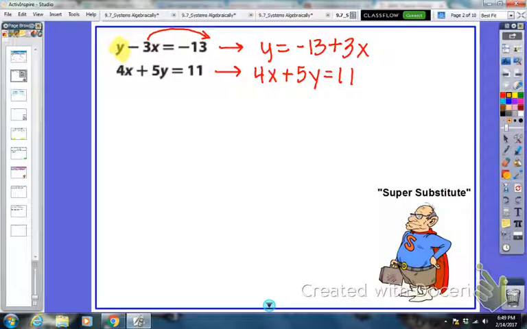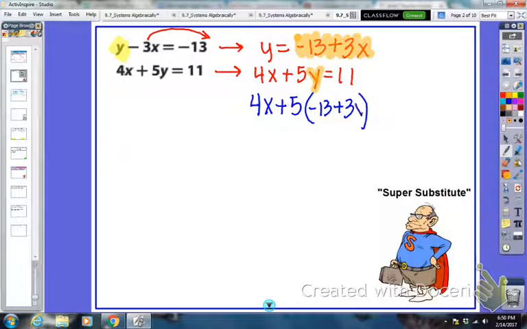So -13 plus 3x is the super substitute. And we're going to put that in the second equation where the y is. So I have 4x plus 5. Instead of a y, I'm going to group this and put my substitute, -13 plus 3x, and set it equal to 11. So all I did was replace that y with its substitute.